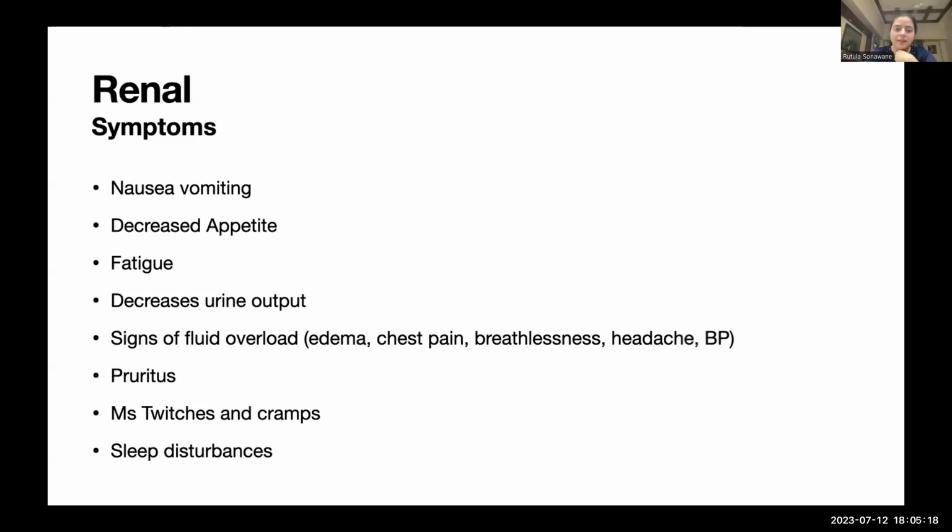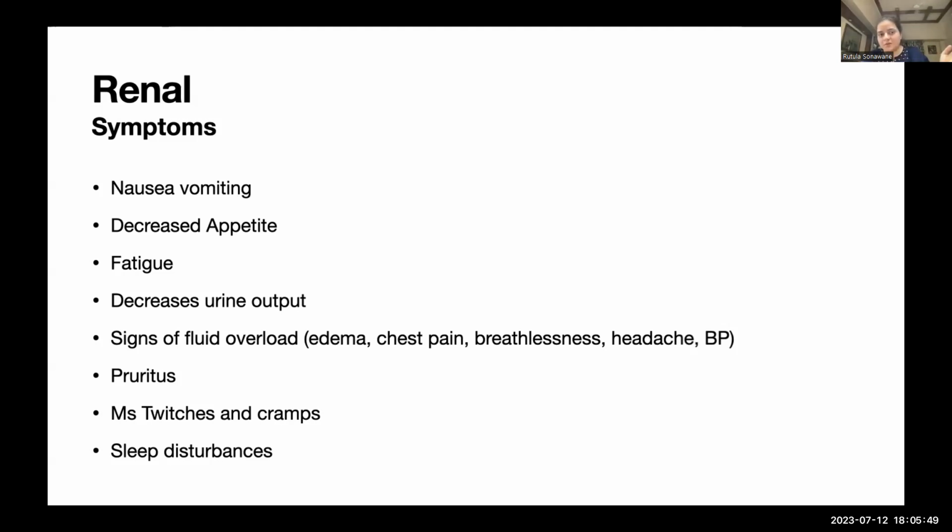Now, fatigue. In any system, the fatigue is generally managed by your rehabilitative measures, right? Light exercises or distraction therapies, or psychological interventions might sometimes relieve fatigue.